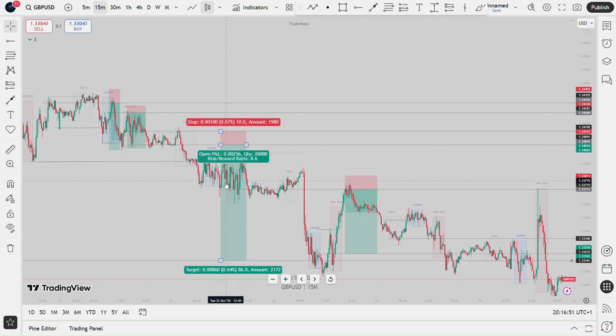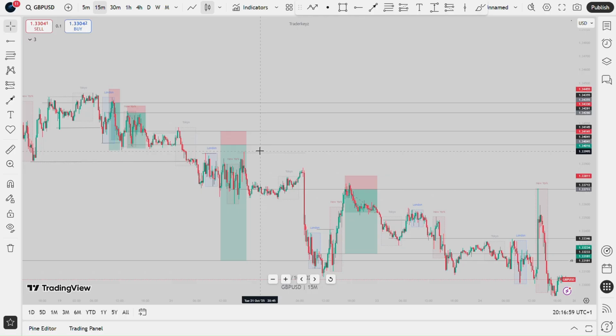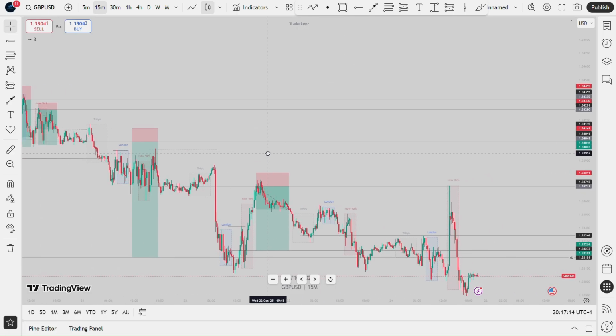It just consolidated, and the New York session also consolidated, leaving liquidity resting above our entry point, which makes this a very solid entry point. But price never came back, and that takes us to Wednesday.